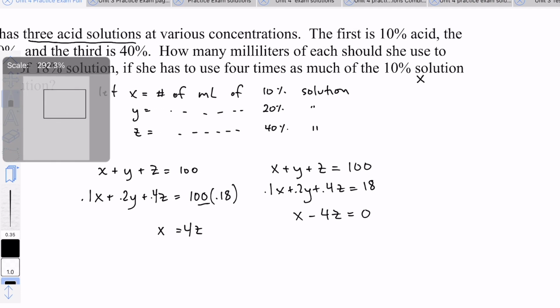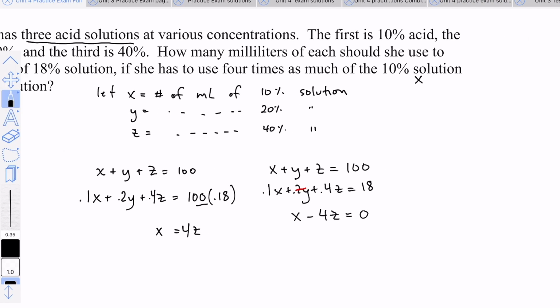So to eliminate y from the top two equations, I'm going to multiply that top equation by negative 0.2. And 0.2 times 100 is 20.